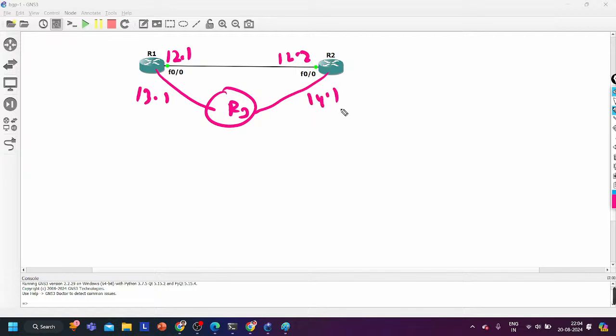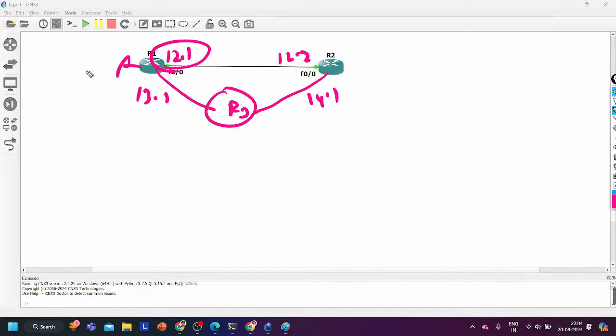Suppose if I form BGP neighborship between router 1 and router 2 by using these two IP addresses, what will happen? BGP neighborship will form on this link, right? And if this link goes down, then BGP neighborship will go down.